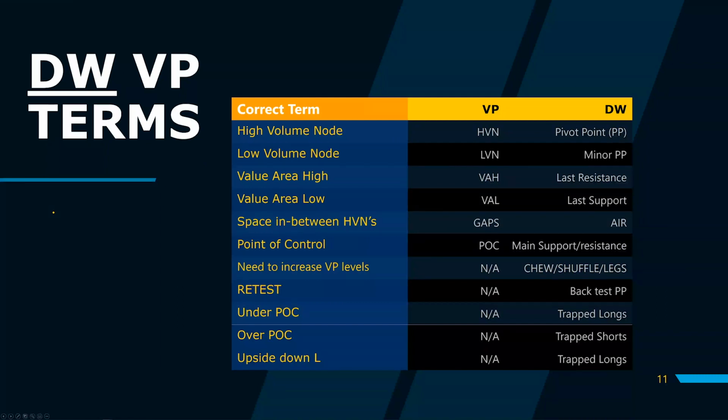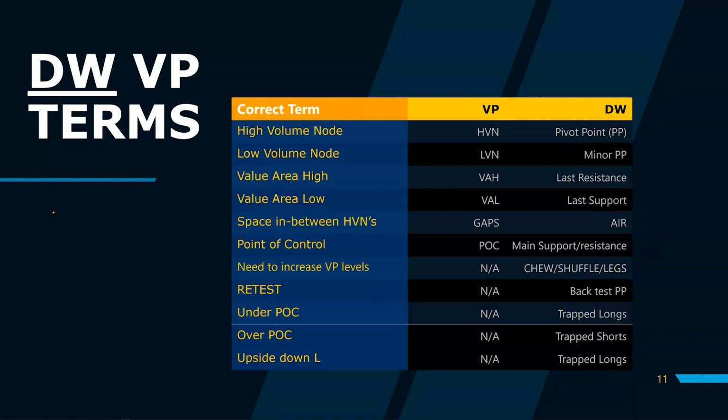I didn't even actually Google search volume profile because I didn't realize that it was that great of a tool, because nobody taught me from my mentors. Nobody uses it. And as I was looking through some of the different tools that were offered by these platforms, I began to understand what this was. So here, I'm going to go through my terms and what the technical term is, I guess would be the best thing to say.